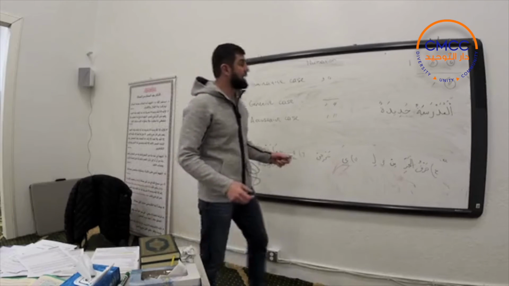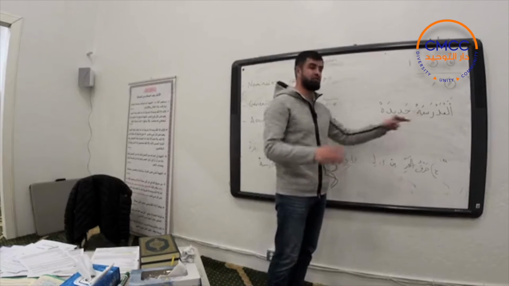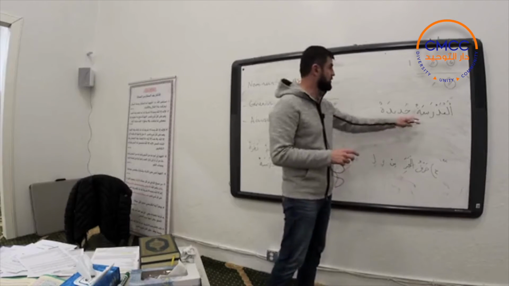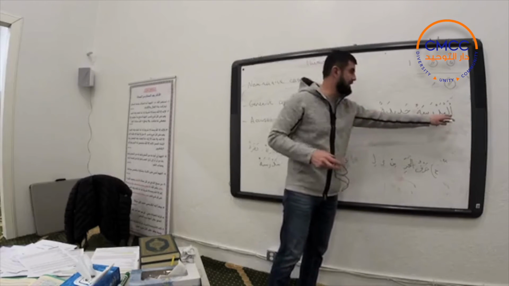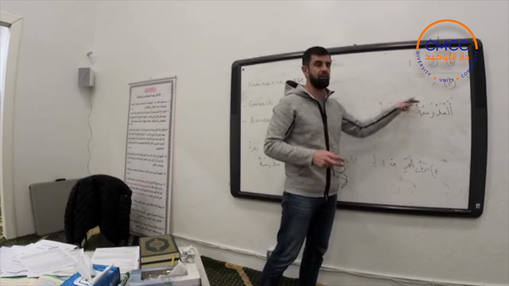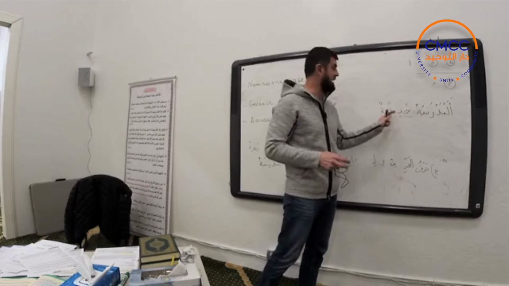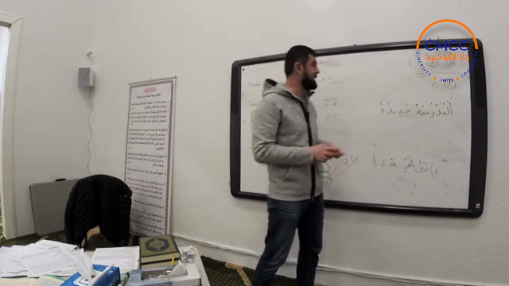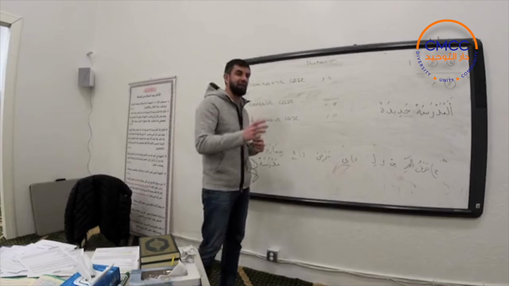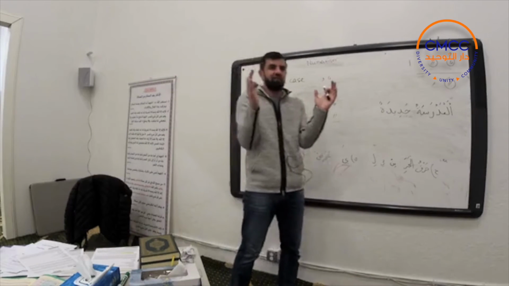If we're talking about just a noun, a combination of words, a new school or the new school, it's going to be, as I told you before, al-madrasatu al-jadidatu. So the adjective will comply completely with the noun. But when we're talking about subject and predicate, it's a complete sentence.